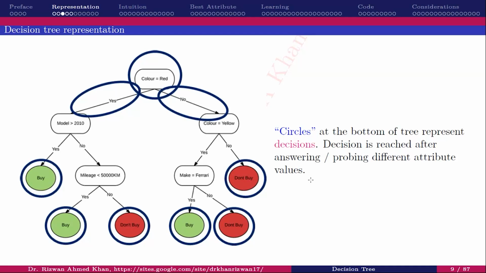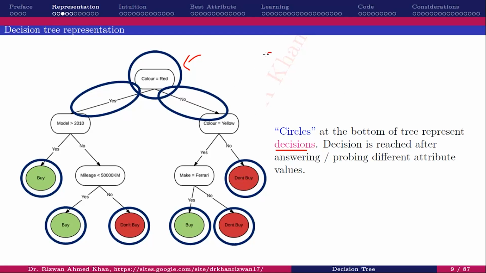And these circles at the bottom of the tree represent decisions, as I explained before. A decision is reached after answering or probing different attribute values. You can think of these internal nodes or decision nodes as probing, asking a series of questions. Remember when we used to play the game of guessing something in 10 questions, we keep on asking 10 or 15 questions, and at the end we try to guess the personality or something.